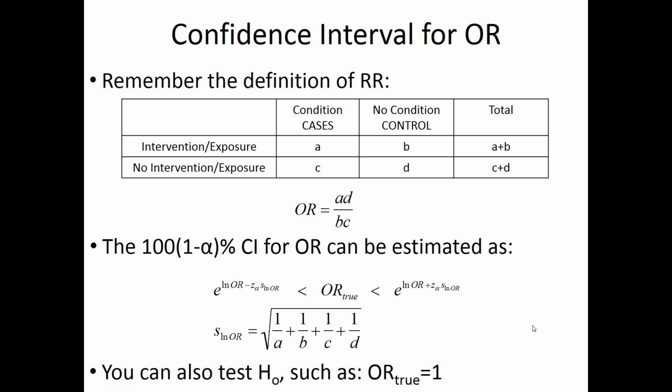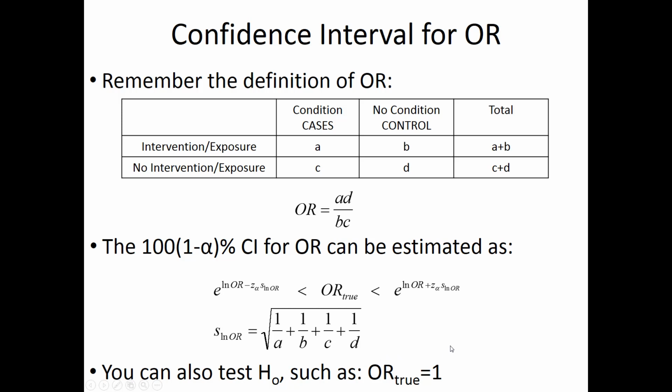Similarly, we can define a confidence interval for the odds ratio. And remember, in our case, the definition of the odds ratio is this ratio here of the cases versus the controls. The 100 times 1 minus alpha percent confidence interval for the odds ratio can be estimated as follows, and again, this is raised to an exponential, where you have z alpha and then the standard error, and the standard error of the odds ratio is defined as thus.